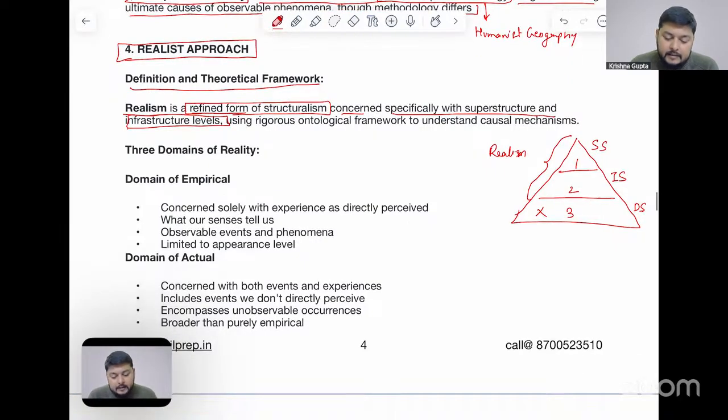Let's understand this. It uses rigorous ontological frameworks to understand causal mechanisms. Here we are trying to understand the phenomena through ontological frameworks.